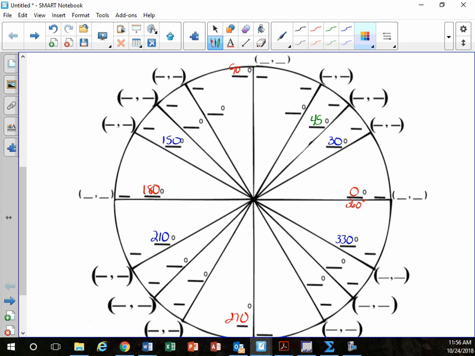So, what's this one going to be in the 2nd quadrant? 135, good. In the 3rd quadrant, that middle one? Good. In the 4th quadrant? 315. Okay.